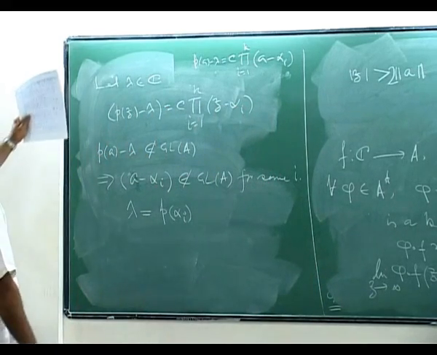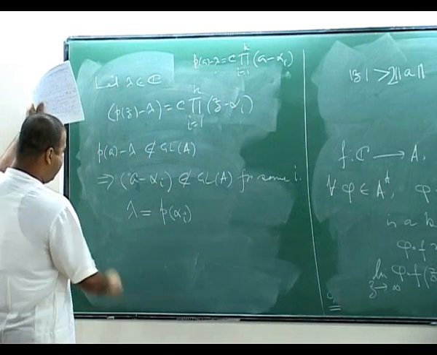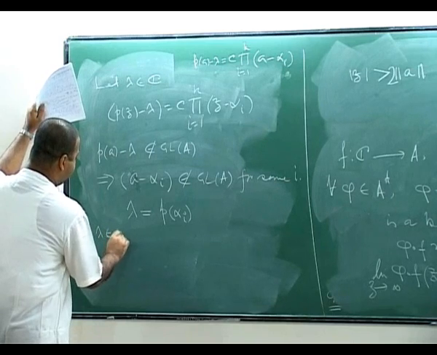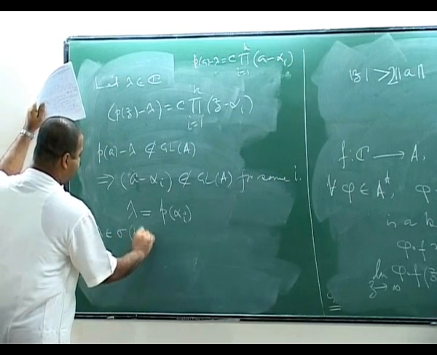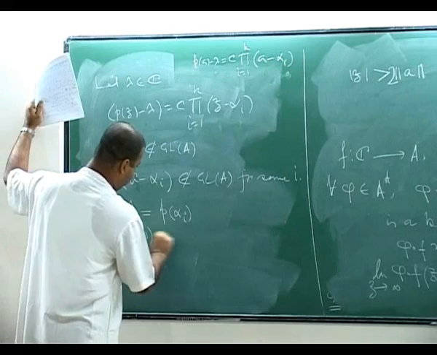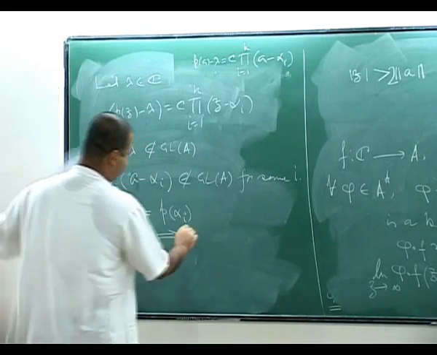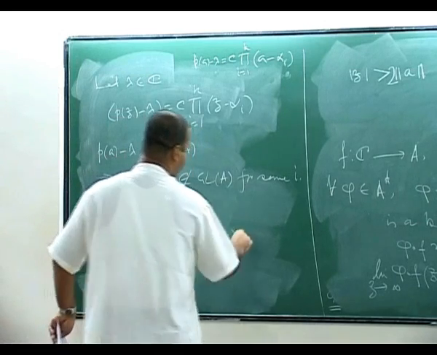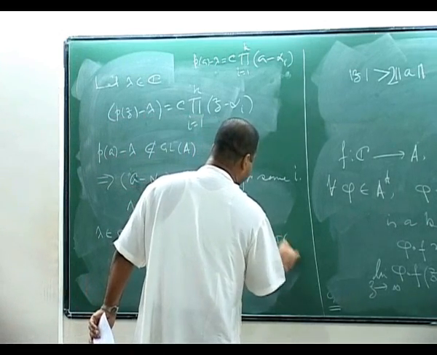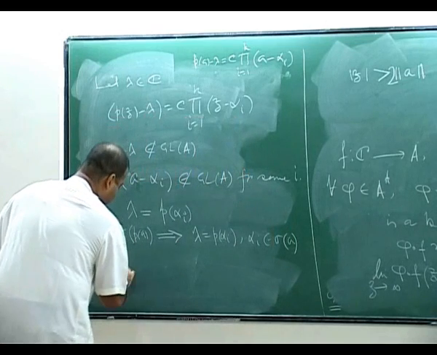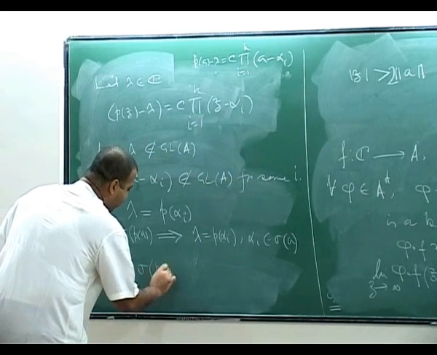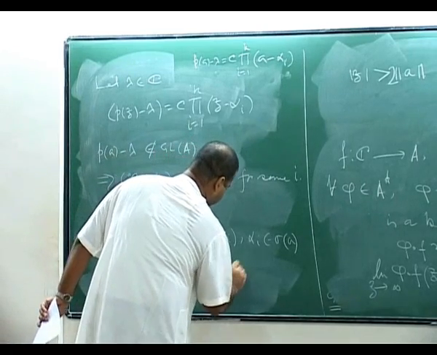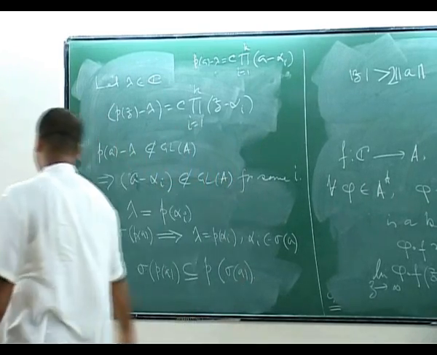So it says that lambda belongs to the spectrum of P A implies lambda is P alpha I, where alpha I is in the spectrum of A, that is, the spectrum of P A is contained in P of the spectrum of A.